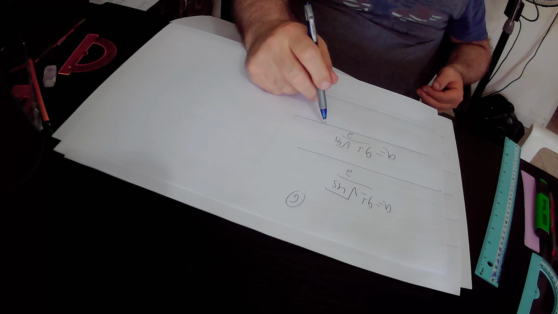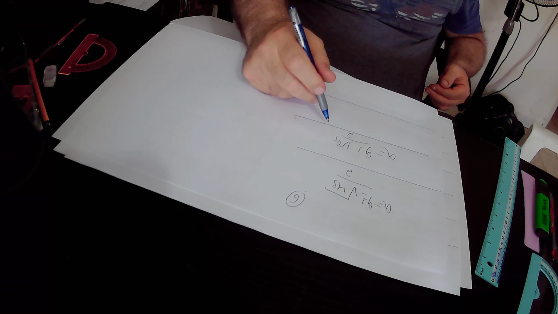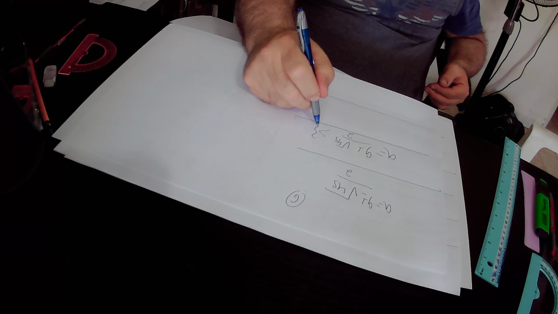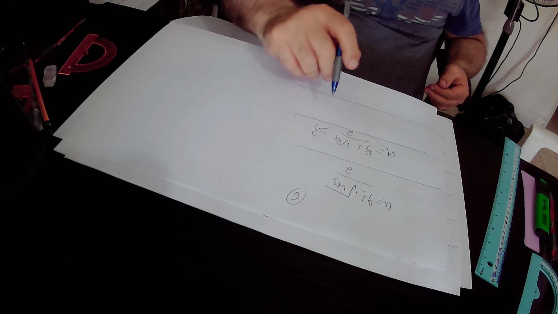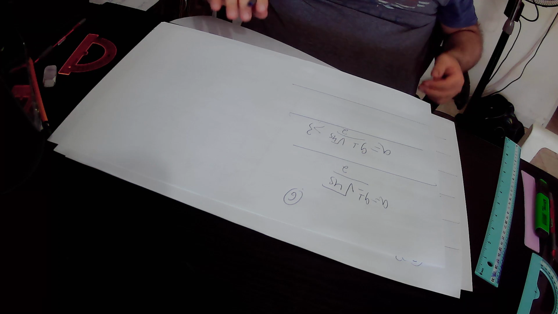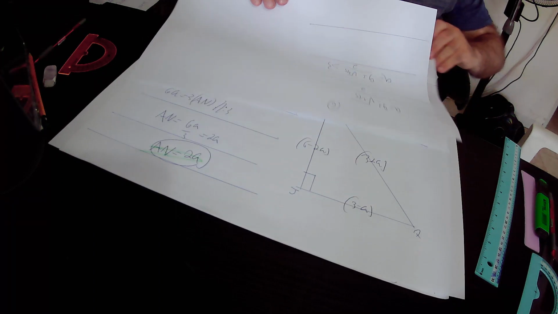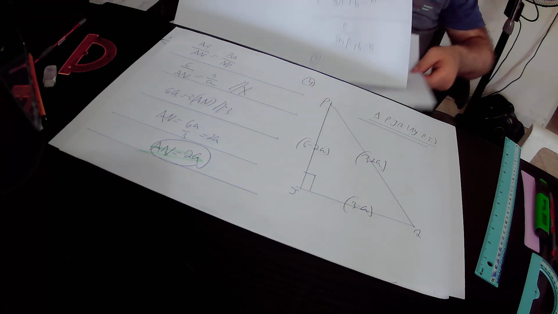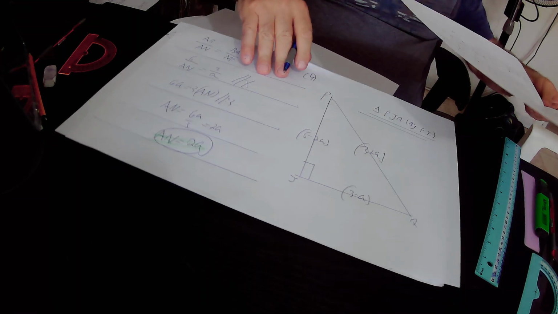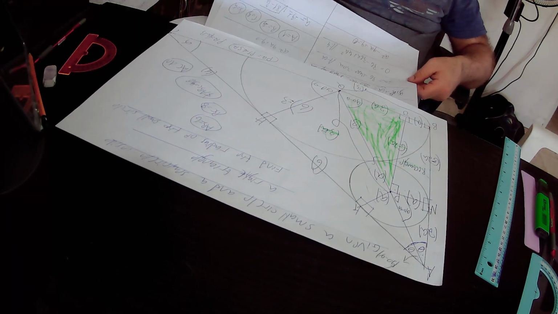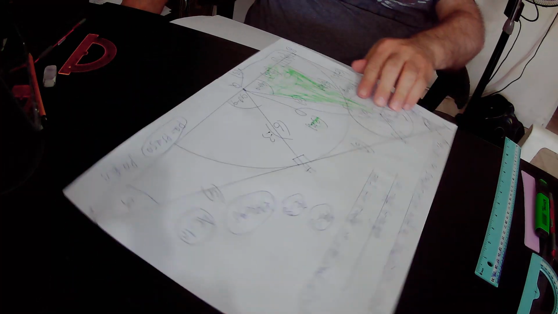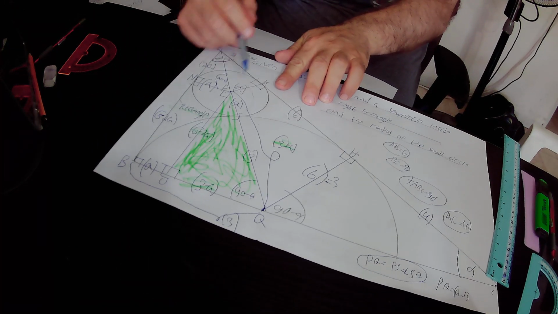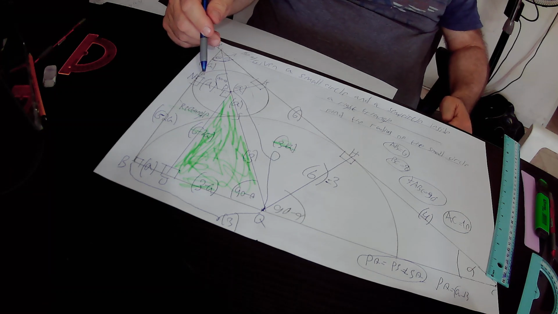9 plus the square root of 45 over 2 is definitely greater than 3. A can never be greater than 3. The radius of this small circle can never be greater than 3.